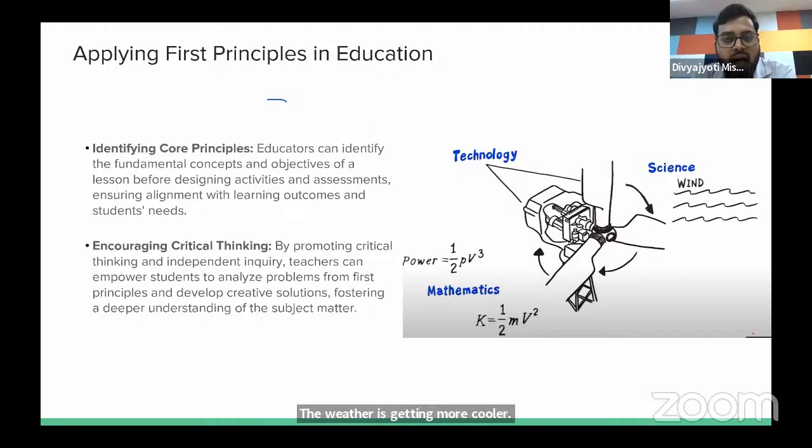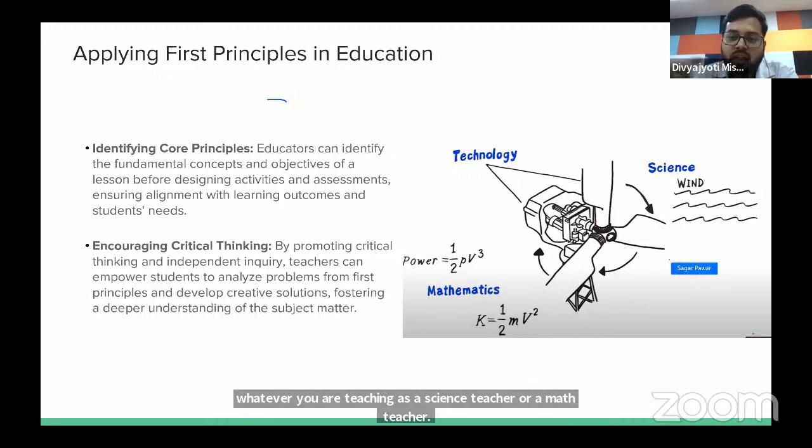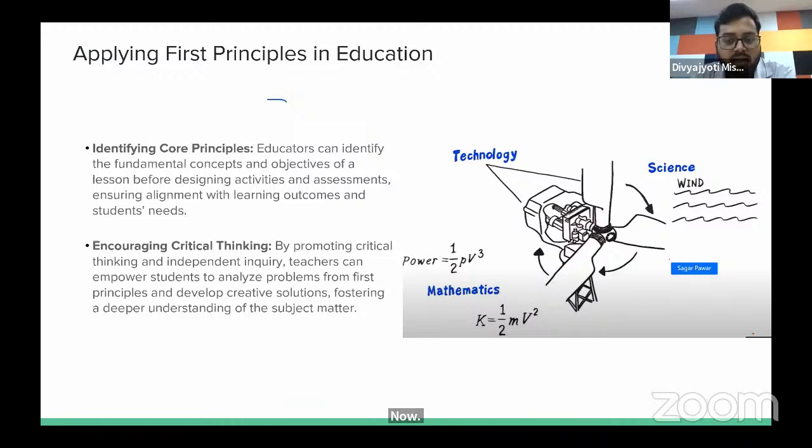So if students start asking this why, and get to understand the foundation of whatever you are teaching as a science teacher or a math teacher, they can relate those concepts in every part of their journey.